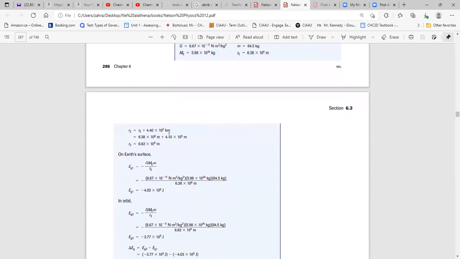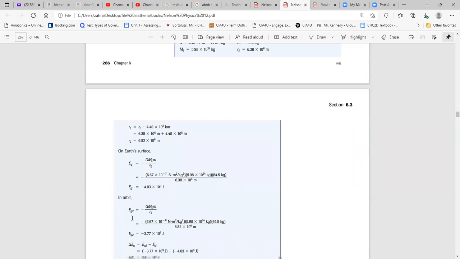Knowing the potential energy is G, the gravitational constant, multiplied by the mass of the Earth, the mass of the object, over R, the distance between the object and the center of the Earth. At the beginning, it is at the surface of the Earth, so you just put RE, and then you know the rest: the mass of the person, the mass of the Earth, and G. You just find that and make sure this is negative.